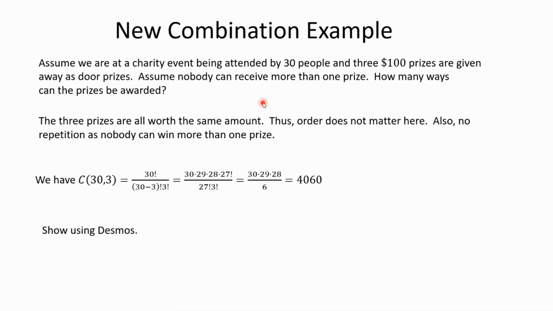Here you're basically dealing with combinations. There are 30 people, and you're choosing 3 of them. So we have NCR, C of 30, 3, which is equal to, by our formula, this.